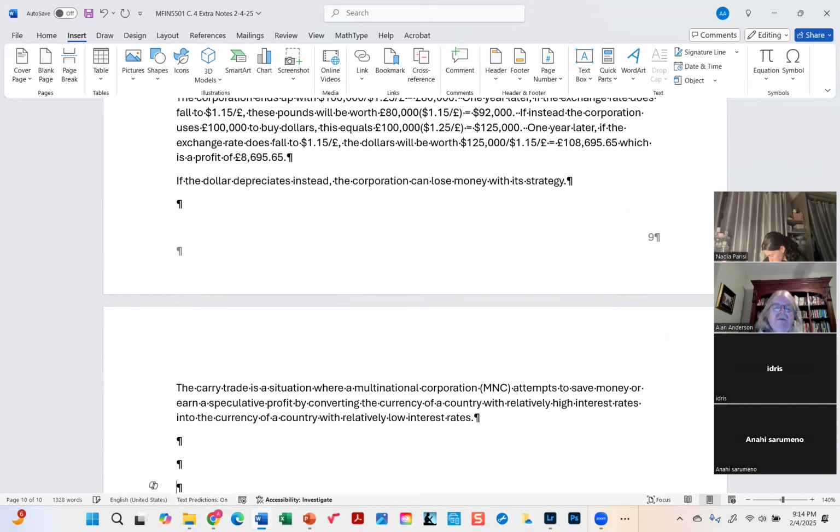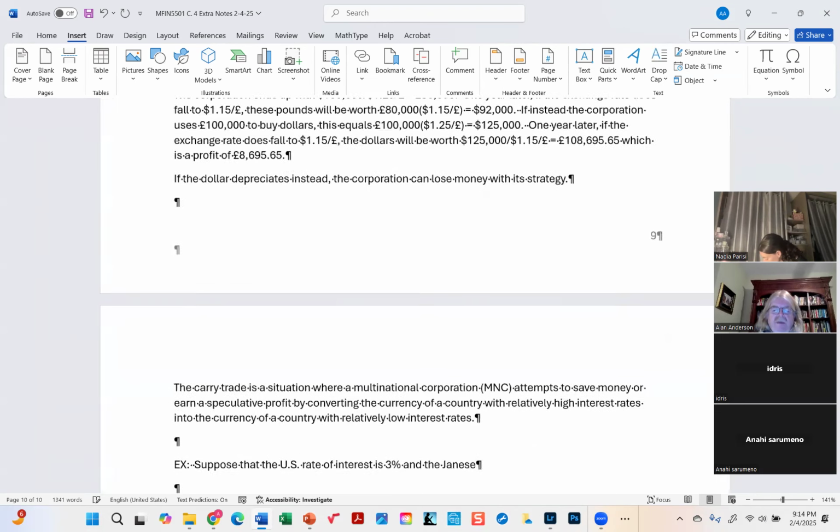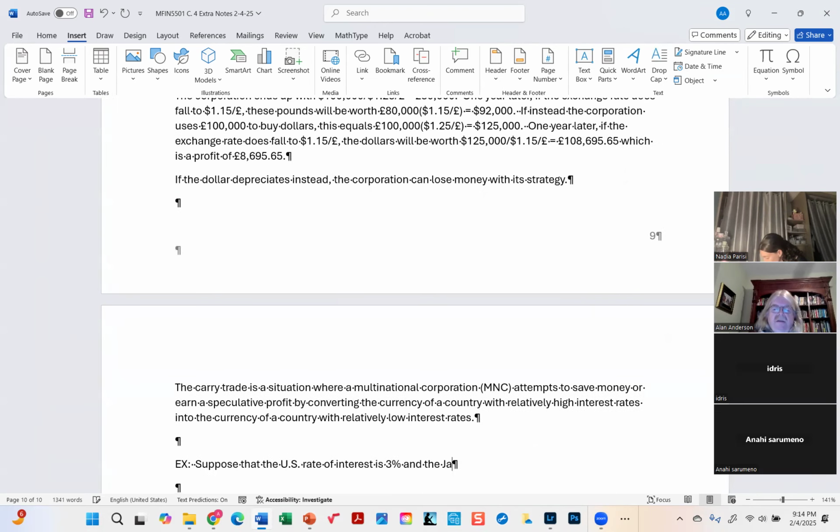So let me show you a quick example of this. Suppose that the US rate of interest is 3% and the Japanese interest rate is 0.5%. Okay.